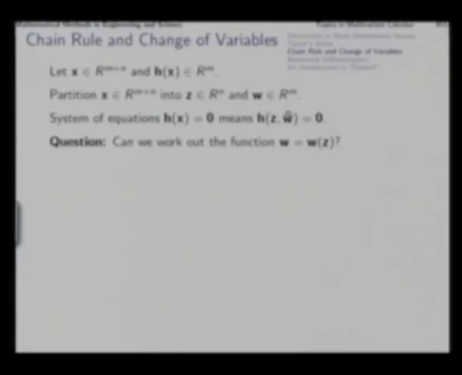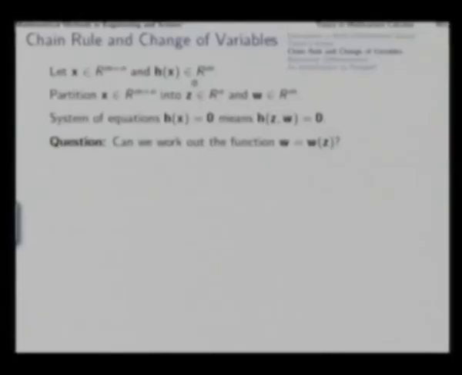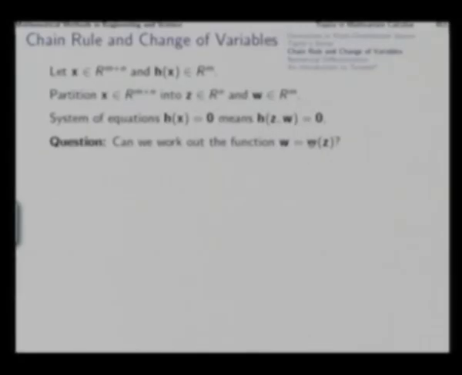Now, if we prescribe the values of z, that is the n variables listed in z, then it becomes m equations in m variables in w, the same number of variables. Can we solve it, and say that for every set of values for z, can we work out w? If we could, then we would basically have a straightforward function w of z. This is the question. Can we work out the function w of z?